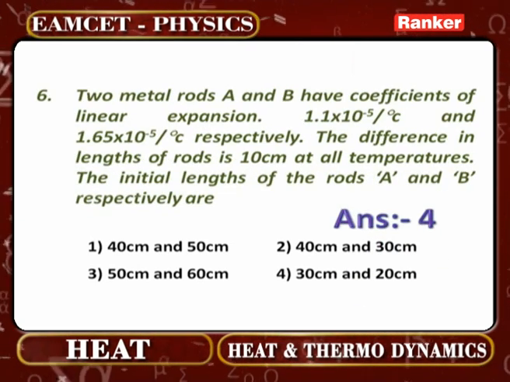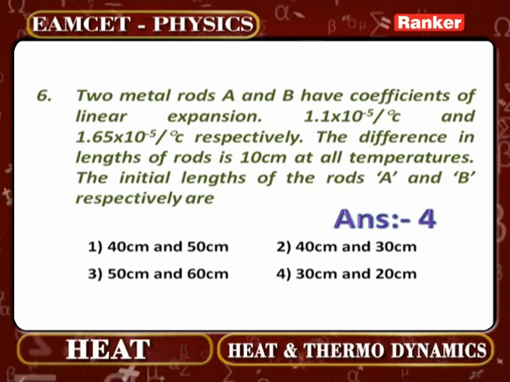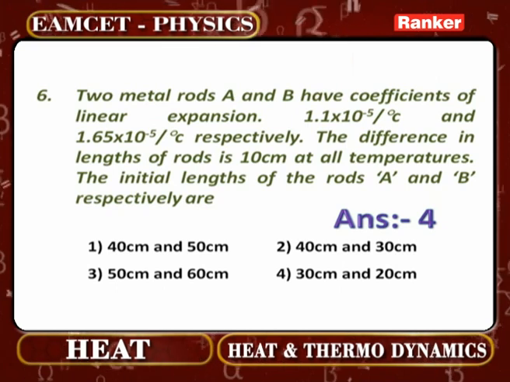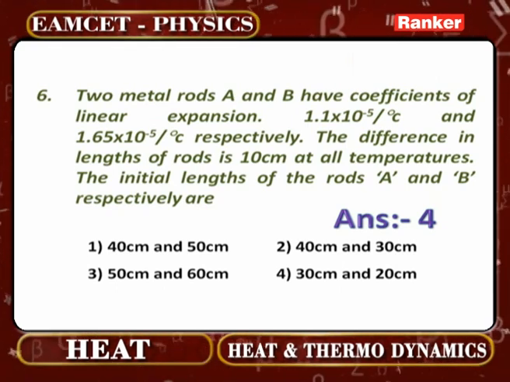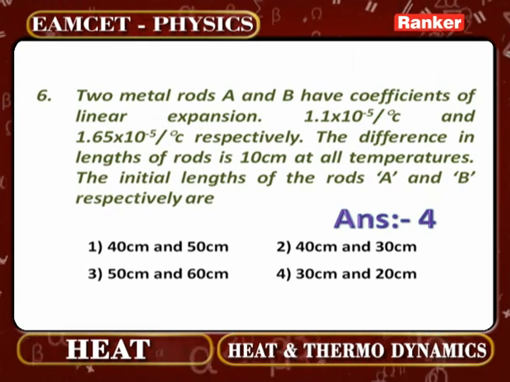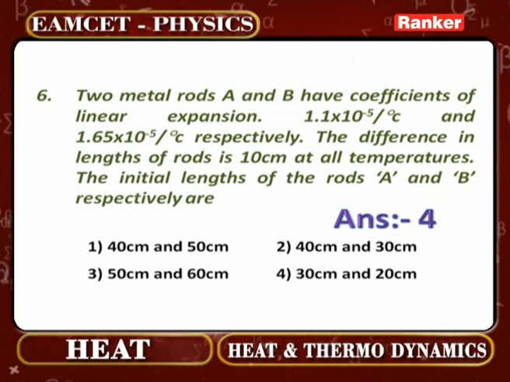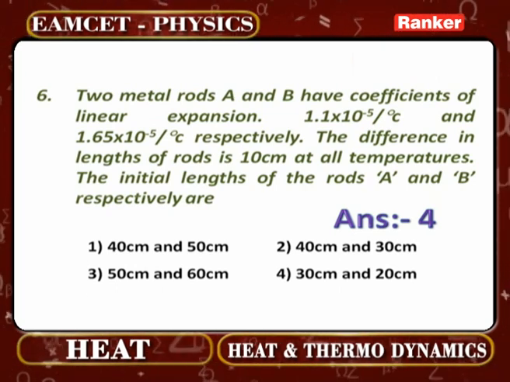Two metal rods A and B have coefficients of linear expansion 1.1 into 10 power minus 5 per degree centigrade and 1.65 into 10 power minus 5 per degree centigrade respectively. The difference in lengths of the rods is 10 centimeter at all temperatures. The initial lengths of the rods A and B respectively are.